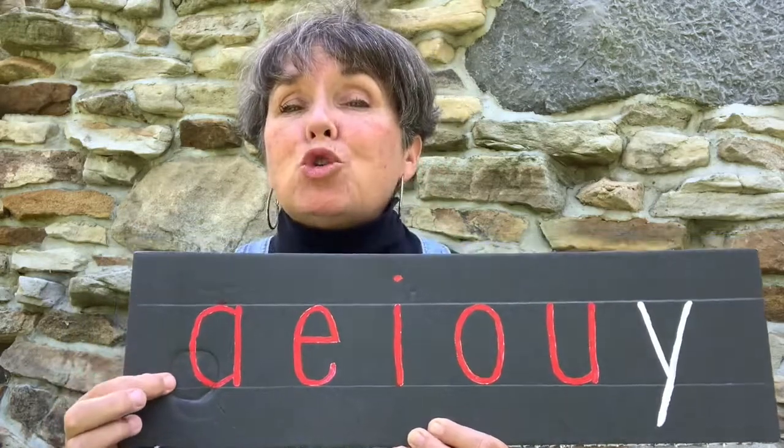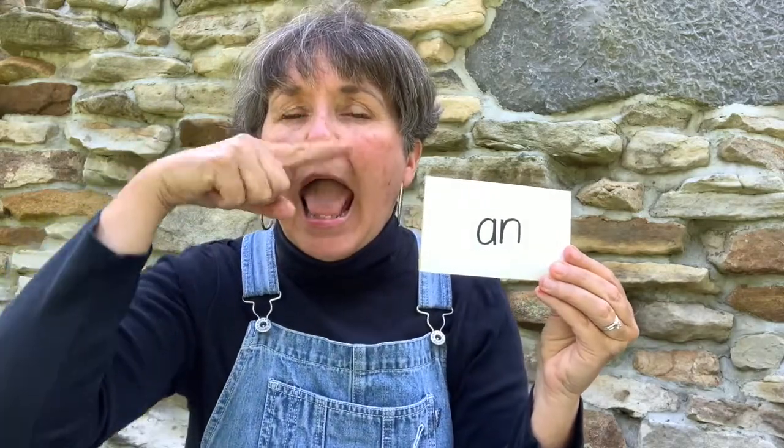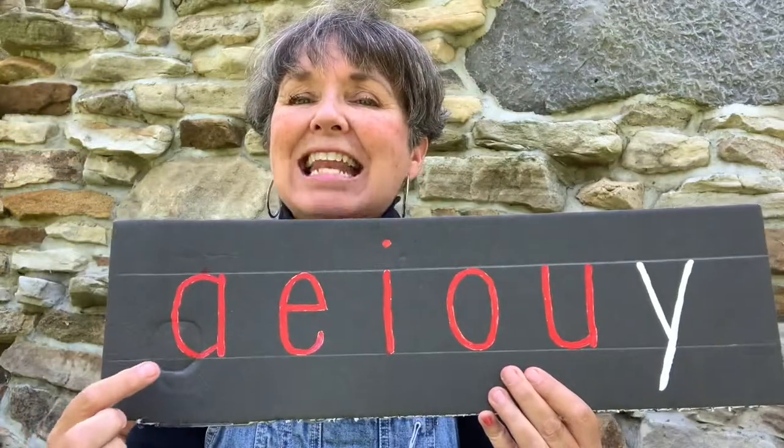Well, we've learned about the short A, how it makes the ah sound. And here is a word that has N. If you put them together, an. It's not the name Anne, but instead it's a word that goes in front of words that begin with vowels. So I had an apple.